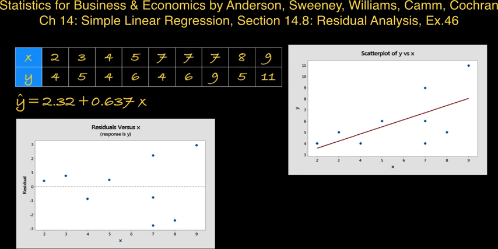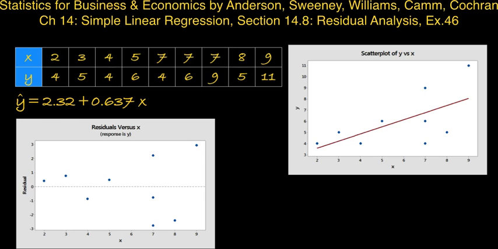The first assumption about the error term is that the expected value of the error term is 0 for all values of x. And so we can assess that by looking at the residual plot and moving our eye from left to right as x increases, and as we do so, think about where the average of the residuals would be.